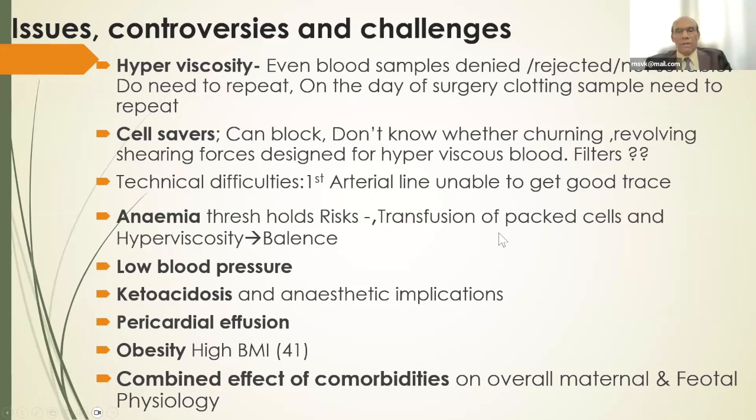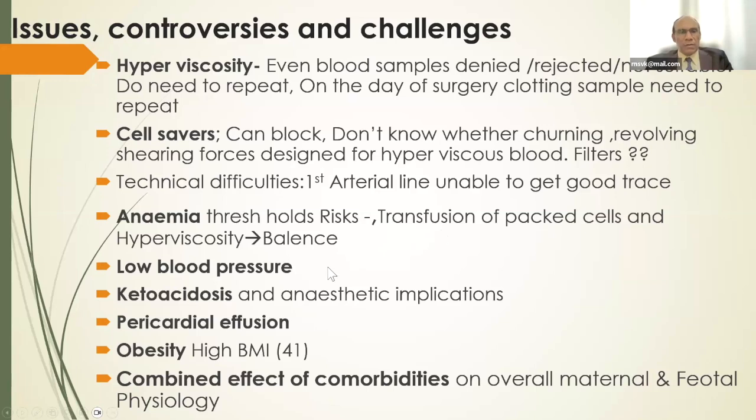So what we have decided as a rational approach is to keep a couple of units of packed cells ready. When the patient really falls to a certain level, give adequate fluids for hydration, and then give the packed cells to maintain the normal viscosity state which the patient is habituated to.